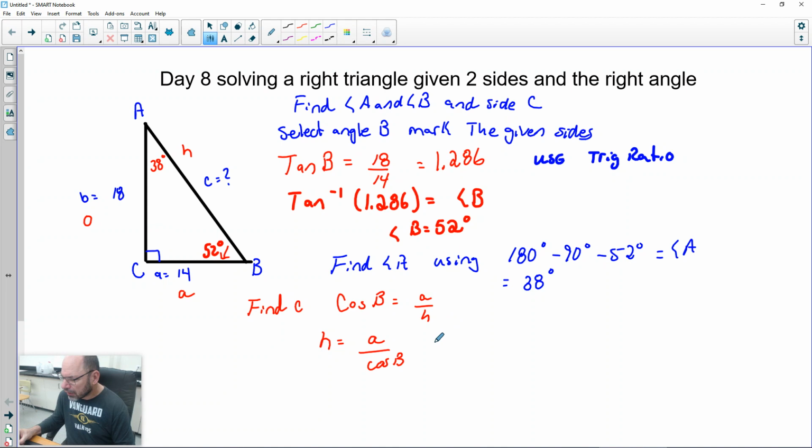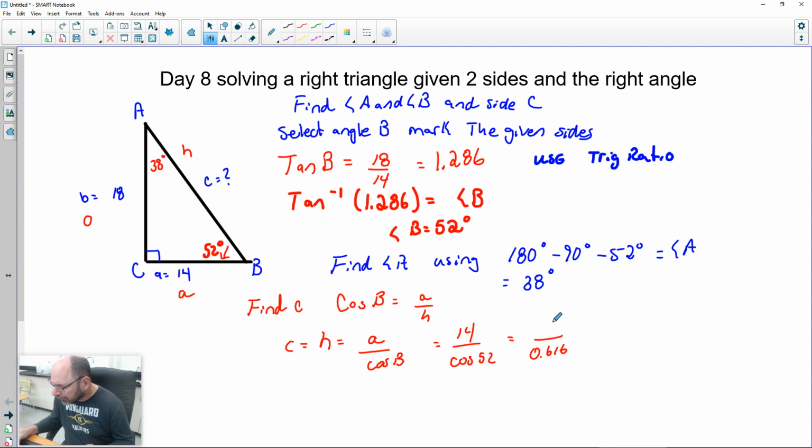Okay, so we're going to plug those in. A is 14, and the cosine of B is the cosine of 52. That's going to give us side C, which equals our H, which we said is the hypotenuse. So go ahead on your calculator and find out what the cosine of 52 is. Cosine 52, I get 0.616.